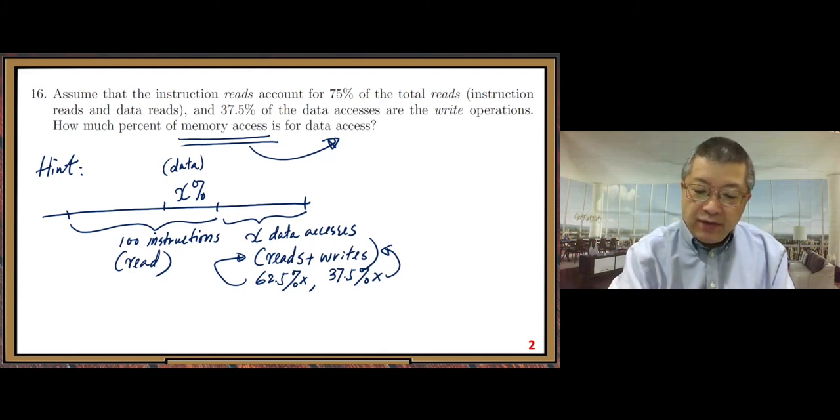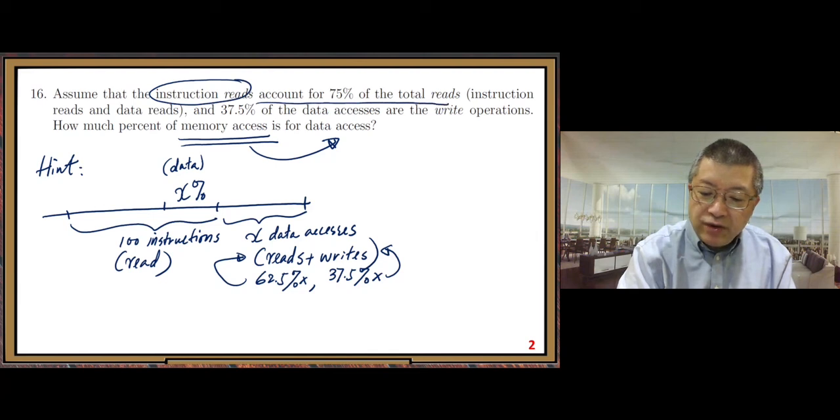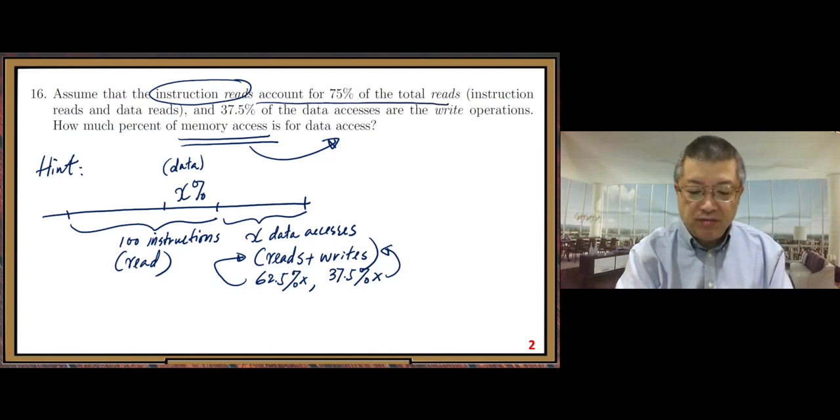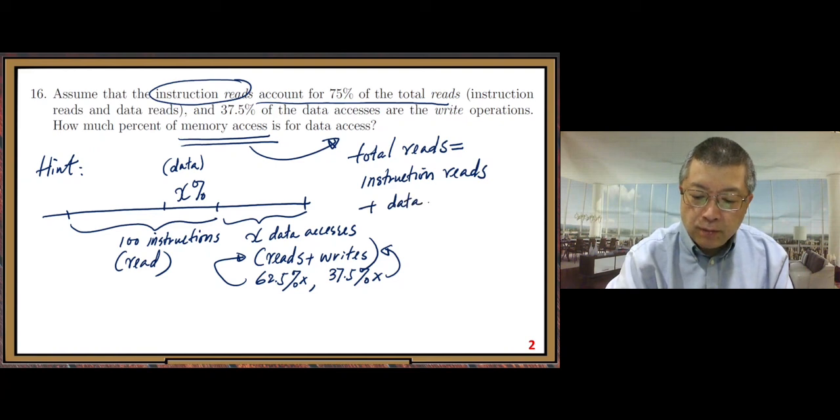Instruction reads account for 75% of total reads. What's the total reads? Total reads equals instruction reads plus data reads.